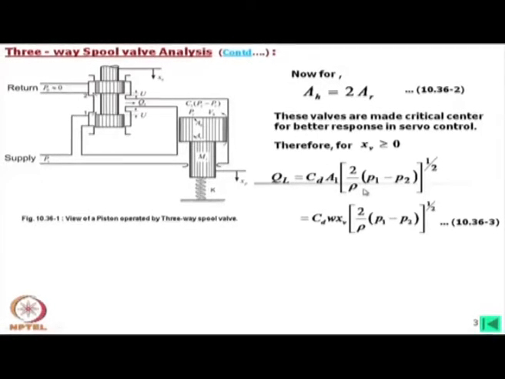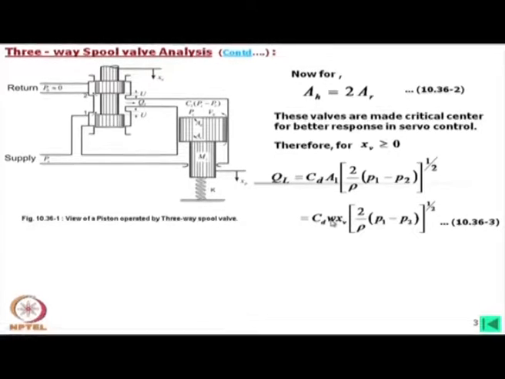So, we can further write this equation as Cd into W x_v, where x_v is the spool stroke. Now, what is W?